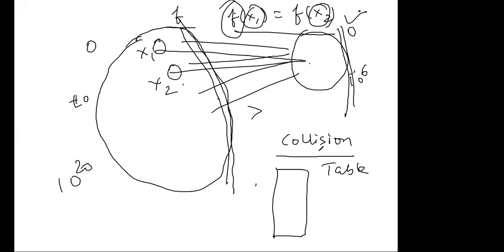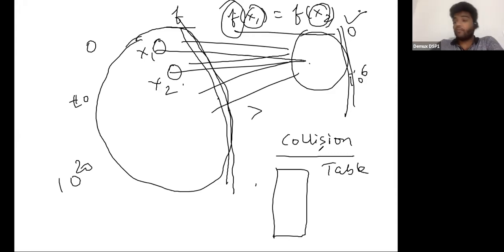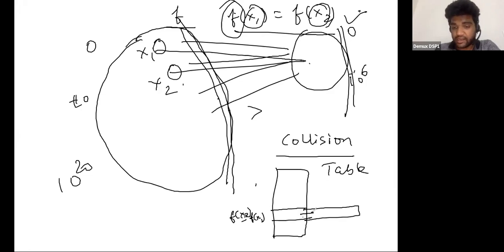Each index could be an array itself, and we can store. Yes. So what you could do is each index, let's say this is f of x1, the location, and this is f of x2 also. So each index could be a data structure in itself. You could keep this as an array or a linked list, right? Wherein you can store x1 and x2 both.